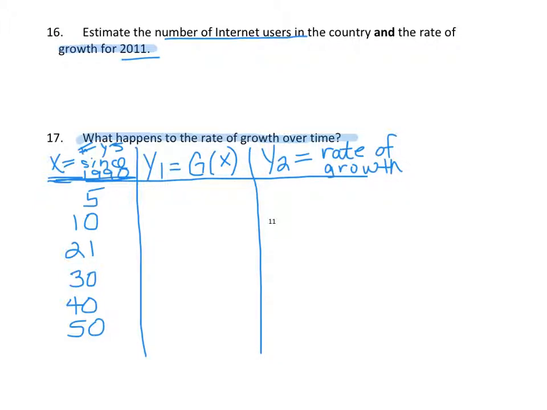And so if you set the calculator up the way that I told you to, all we'll need to do is enter in 5, and the answer that we come up with is 14.568.